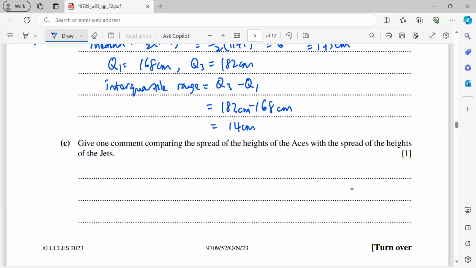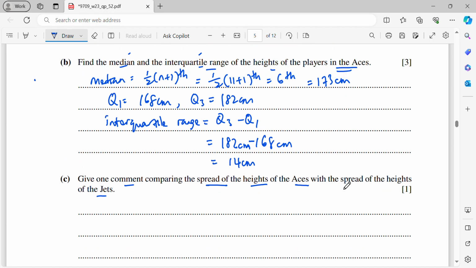Alright, C. Give one comment comparing the spread of the heights of the aces with the spread of the heights of the jets. Alright, so spread is basically the width. Is this the range, or variability.